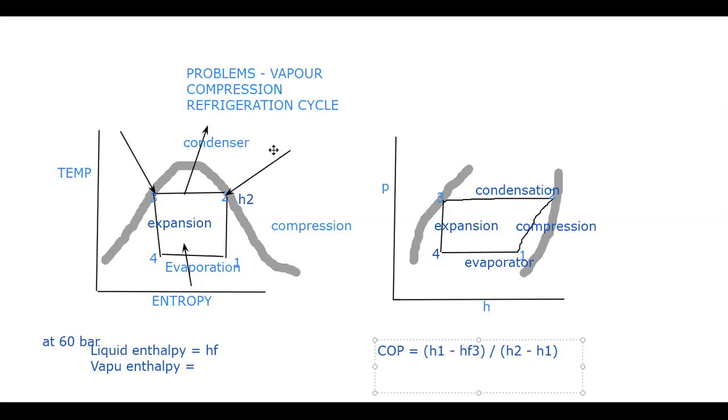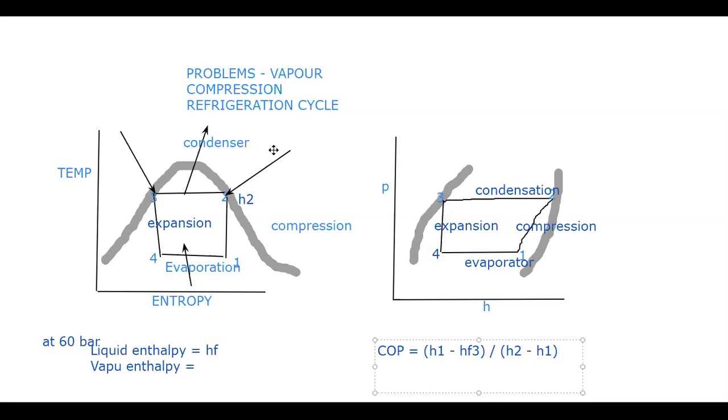That means SF1 plus X1 SFG1 is equal to S2, because it is a constant entropy process. You see the PV diagram, and I have also given the TS diagram there, correct?